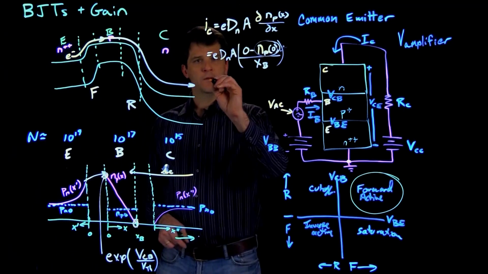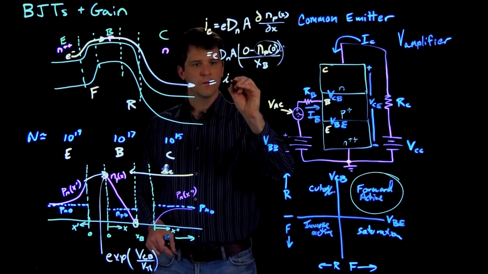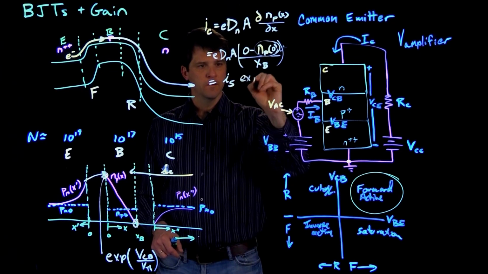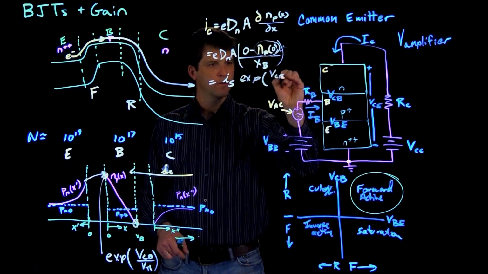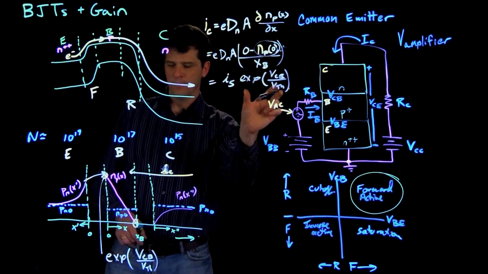And so in the end, we get some constant times exponential to the VCB over V thermal. So we're just highlighting the voltage dependence here.